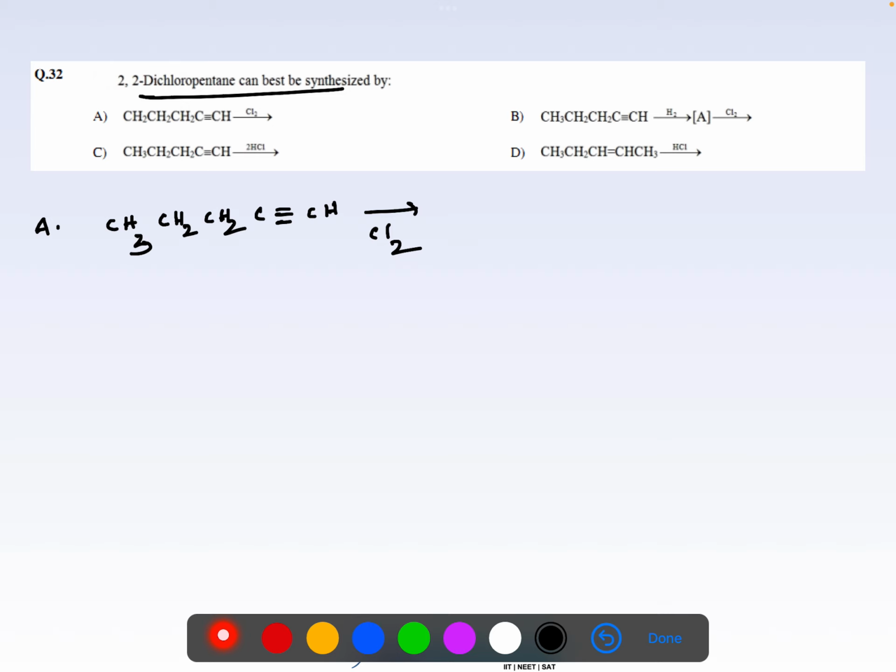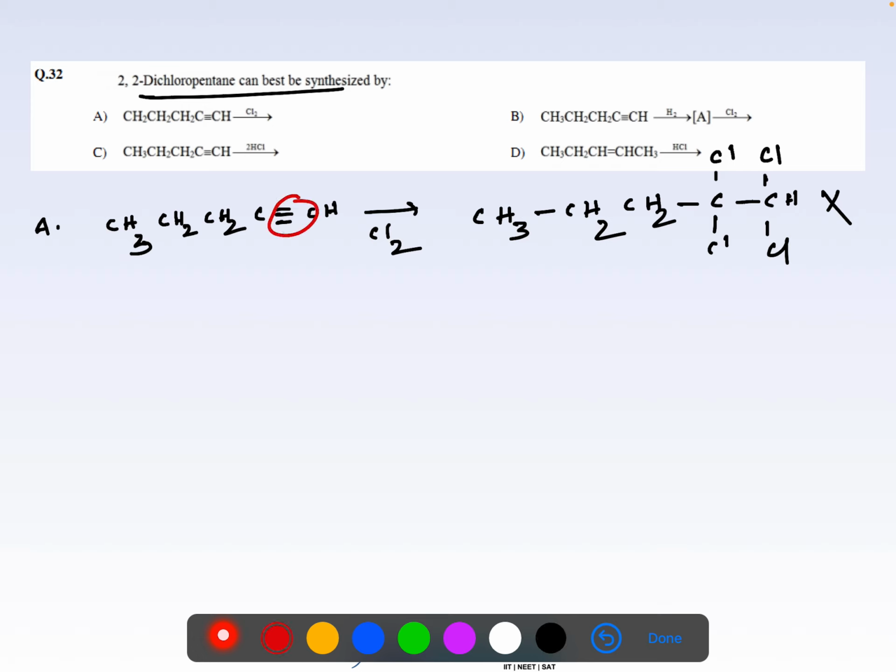You will get a tetrachlorinated product, that is CH3, CH2, CH2, and there will be 2 chlorines on each carbon, Cl, Cl. So this is not the correct option. See, alkynes undergo electrophilic addition twice, and alkenes undergo electrophilic addition once.